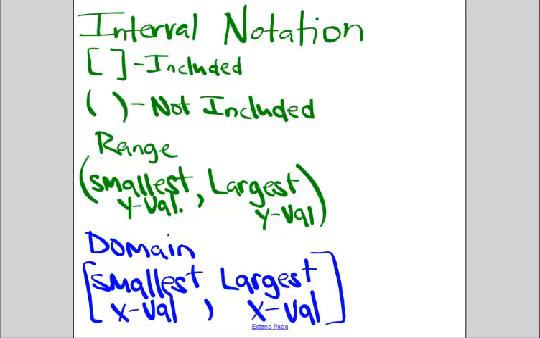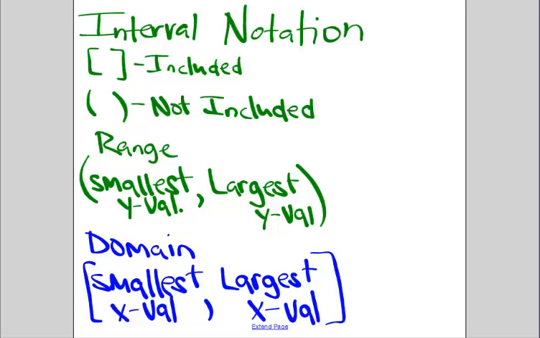If you have a bracket, you're talking about a number that can be included in the problem, on whatever it is you're working on. Okay? The parentheses would indicate that you're talking about a point that isn't included, but you can get really, really, really close to, but not all the way to, so that you're including it. Okay? So that's the difference.